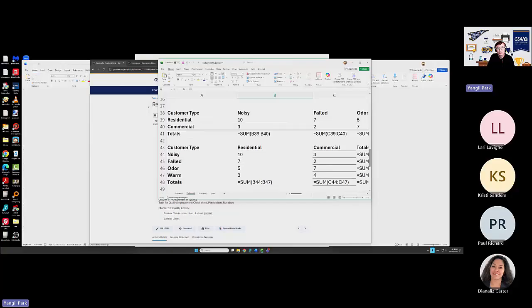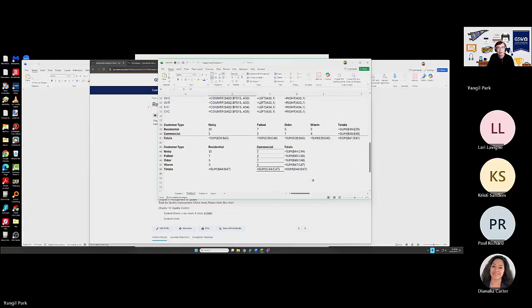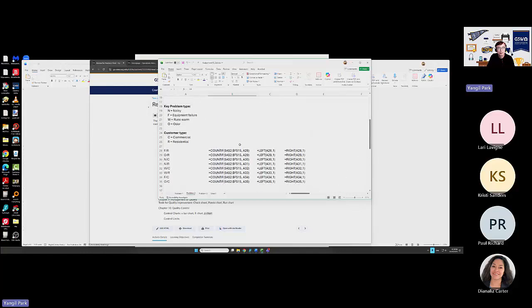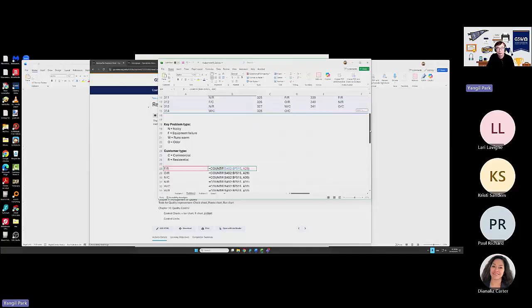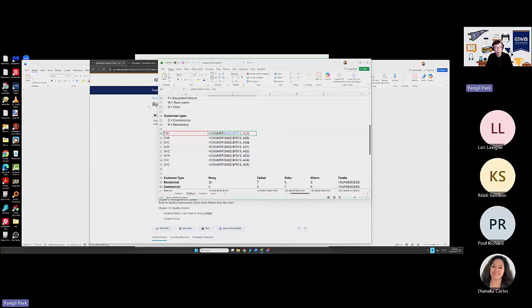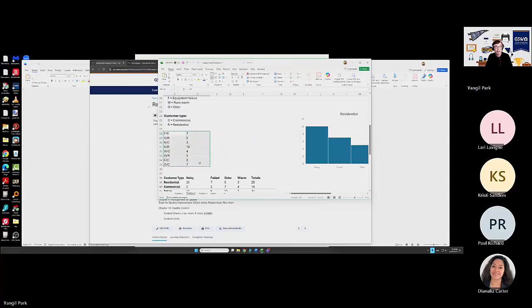Let's see what I used here. Oh, I still use the countif function. Don't worry about this, I just kind of overdid it here. Countif function to organize this data and put it into this table so that I can quickly create a histogram.